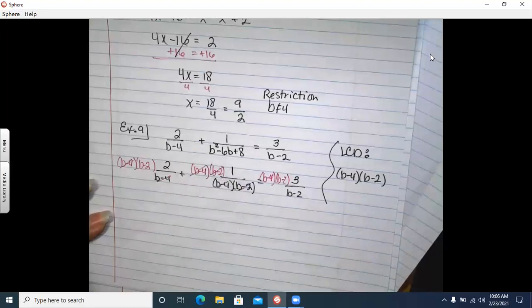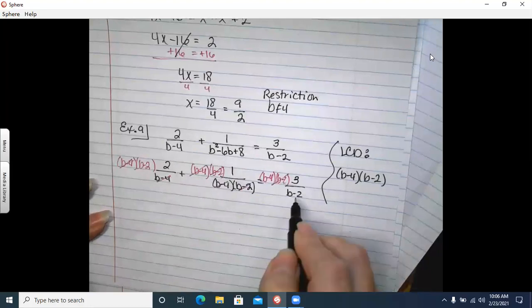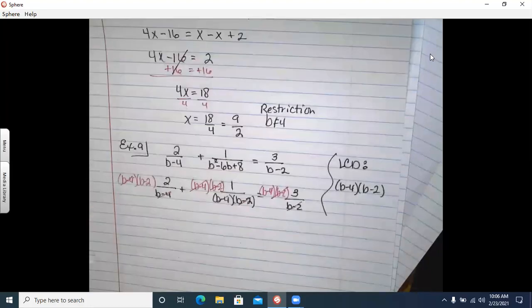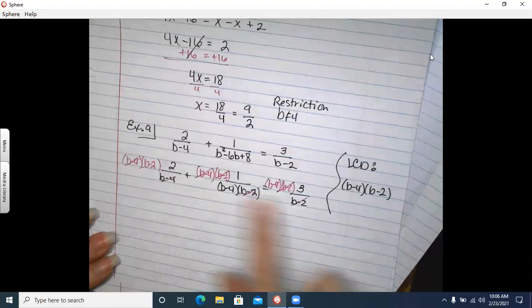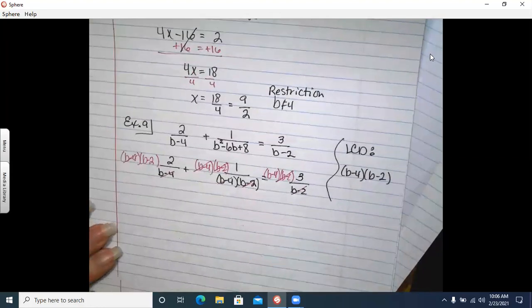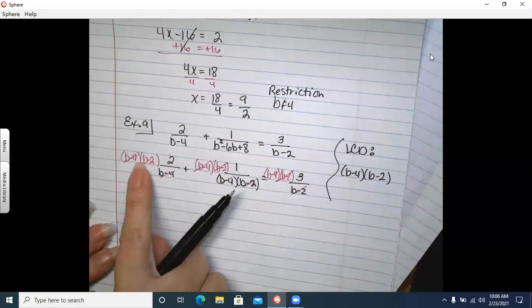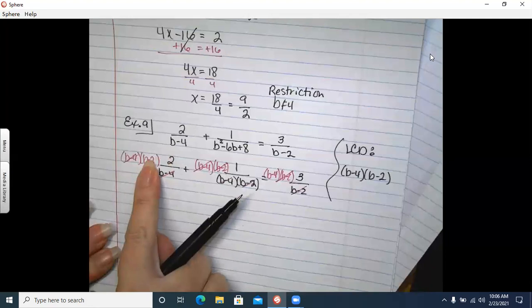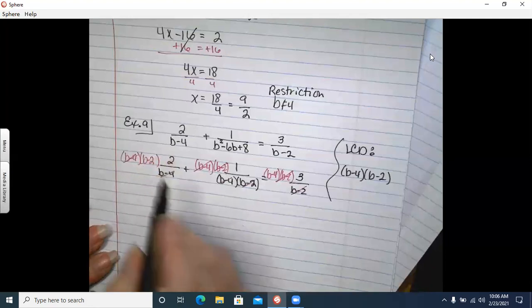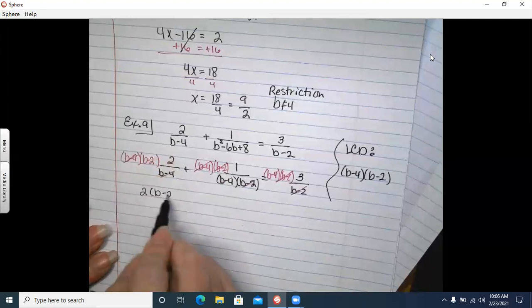And the last one, only the B minus 2. So from each of these terms, come write what's left. If you have more than one factor in the same term, you're going to multiply them together. So in my first term, I've got a B minus 2 and a 2, right? So I'm going to have to multiply them together. I'll come back and do it in a minute.